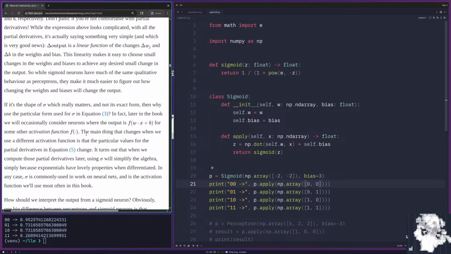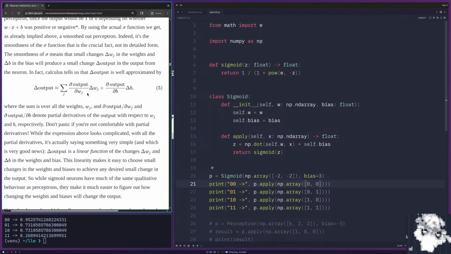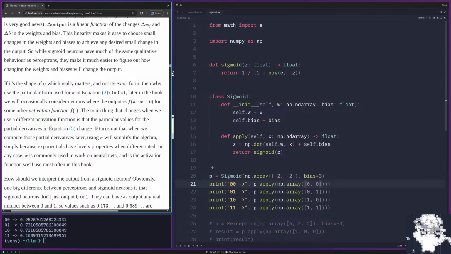The main thing that changes when we use a different activation function is that the particular values for the partial derivatives in equation 5 change. This is equation 5. It turns out that when we compute those partial derivatives later, using sigmoid will simplify the algebra simply because exponentials have lovely properties when differentiated. In any case, sigmoid is commonly used in work on neural nets, and the activation function we'll use most often in this book.